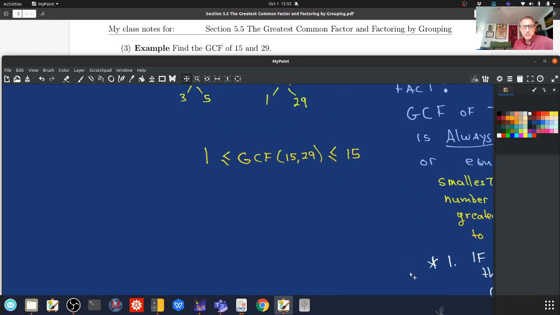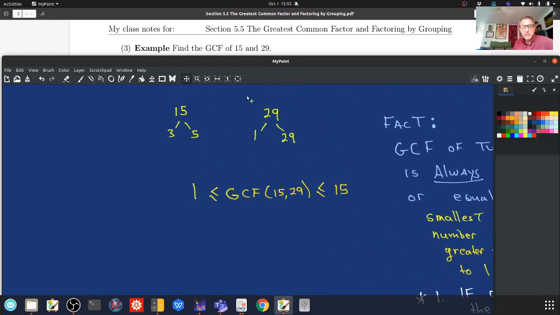So using those facts right here, I just discovered that 29 is prime, so the GCF of 15 and 29 is equal to 1.